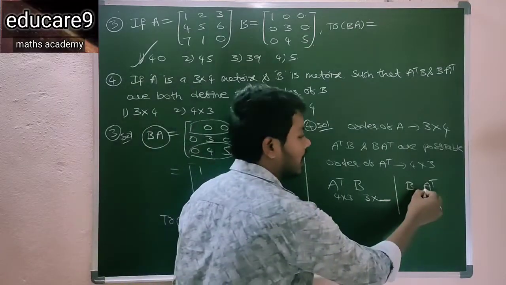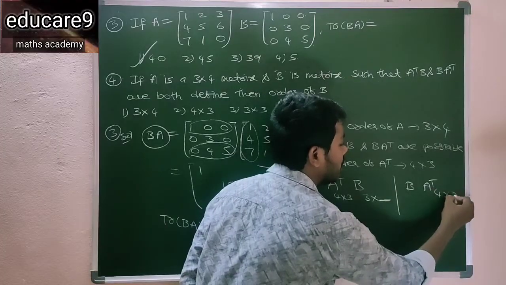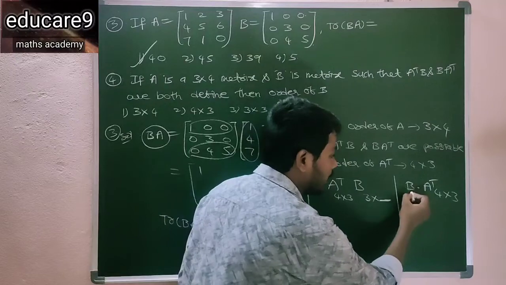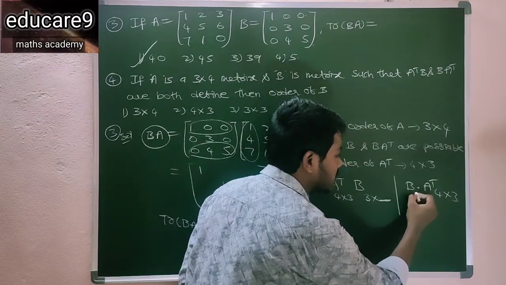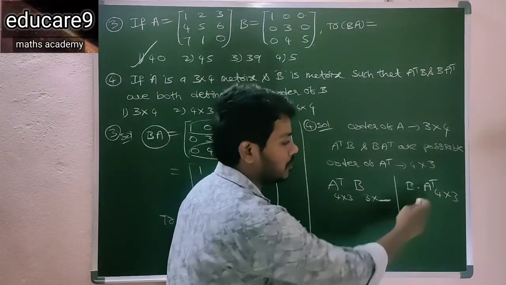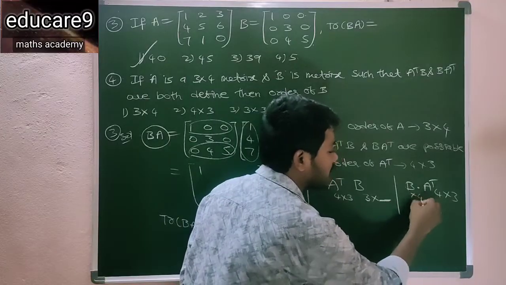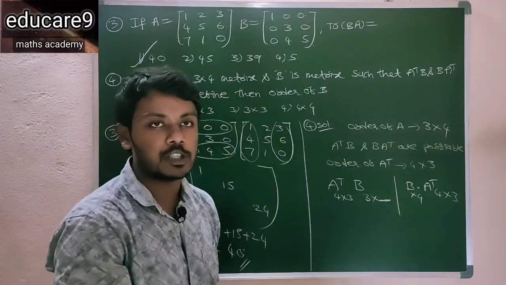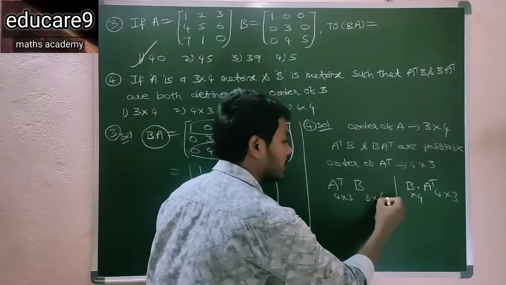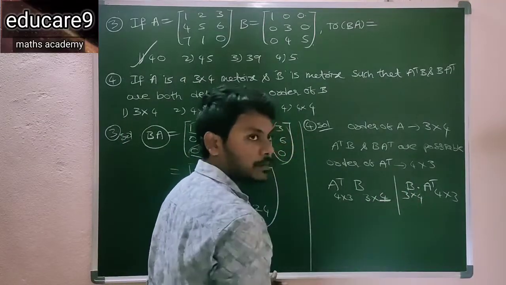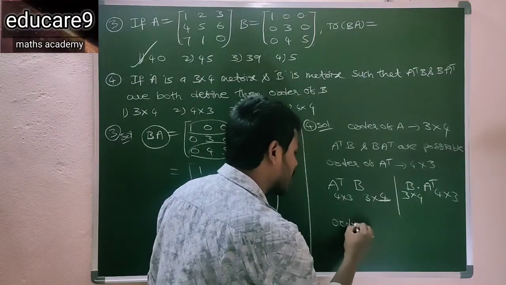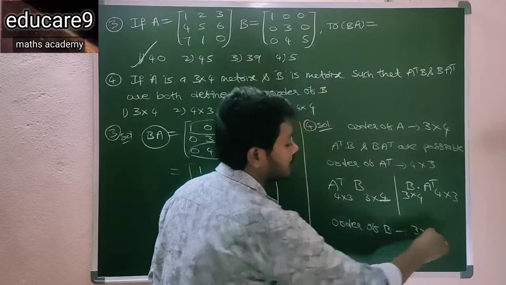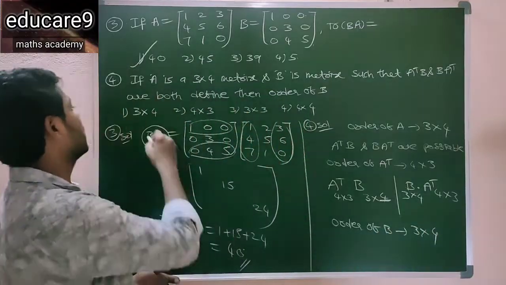Order of A transpose is 4 by 3, so here also the product is possible. Therefore the number of columns in B is 4, so that B into A transpose is possible. So here columns are 4 and rows are 3. Therefore the order of B is 3 by 4. So clearly option 1.